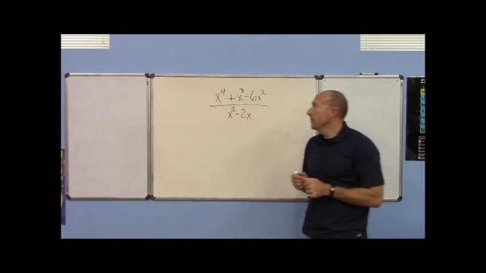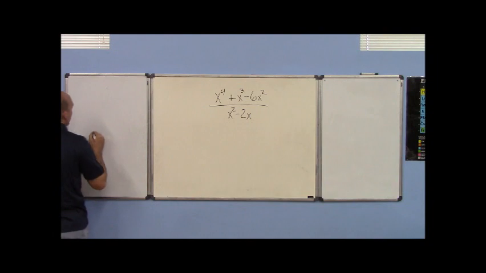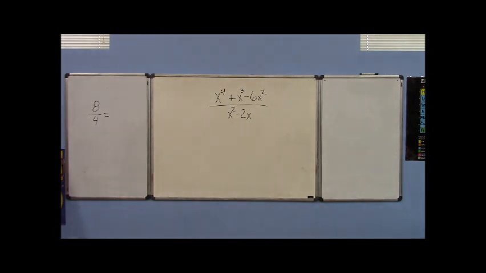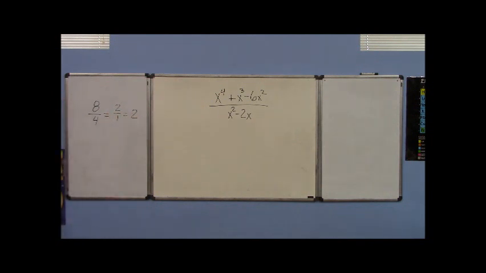I will give you a hint of some sort. If you are told to simplify 8 over 4, what does that give you? What's the answer? Okay, so you have 2 over 1, which also equals just 2, right?